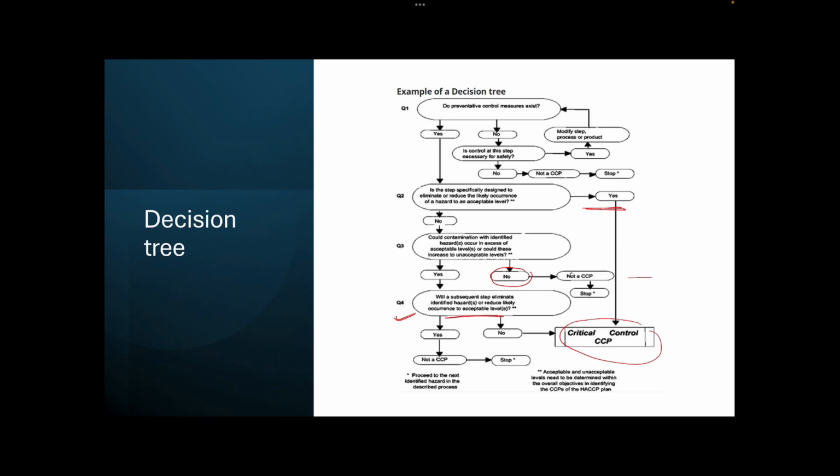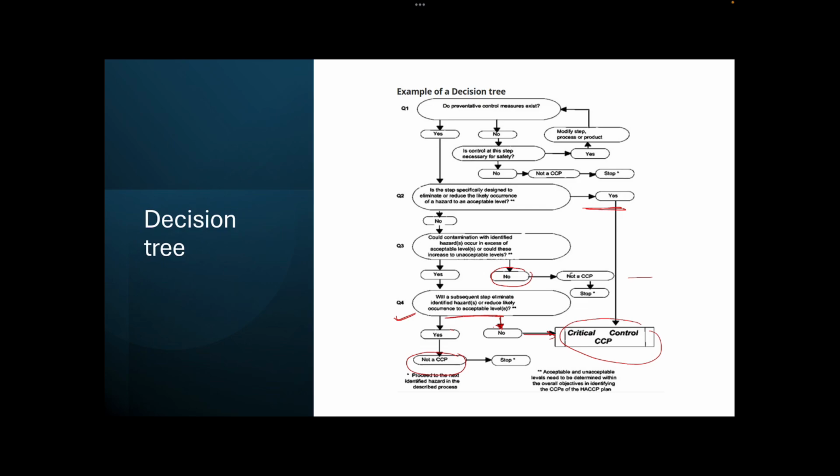Is there a later step that will actually eliminate that hazard? We're not wanting it to multiply, but there is a later step, that is cooking, that will eliminate the bacteria. If there is a later step, then it is not a CCP. But if there is no later step, this was the step where it should have been controlled, then this is a critical control point, right?